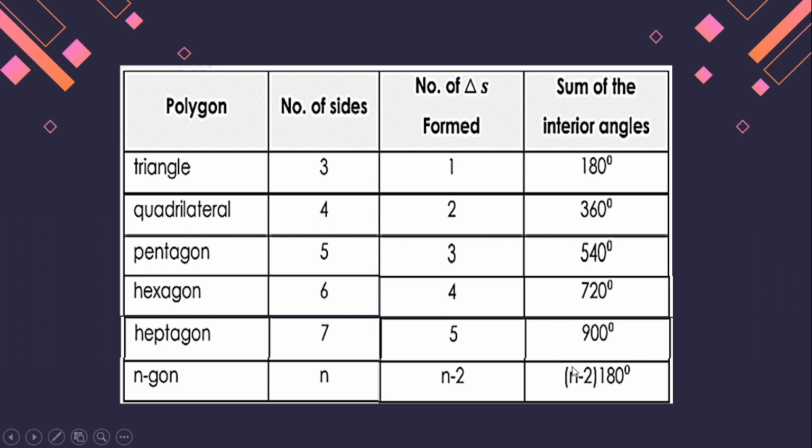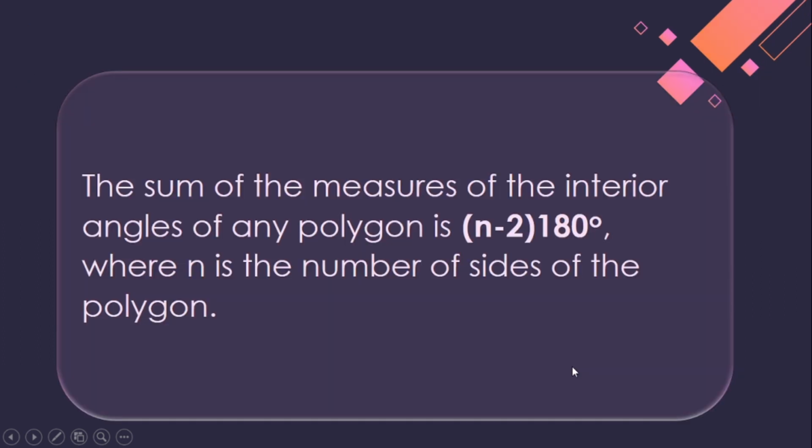So therefore, the sum of the measures of the interior angles of any polygon ay magkakaroon tayo ng formula na n minus 2. Ito yung n minus 2 natin, ano yan? Yan yung ma-form na triangle, di ba? Times 180. So, ibig sabihin, kung ilan yung triangles na ma-form, times natin sa 180. Where n is the number of sides of the polygon.